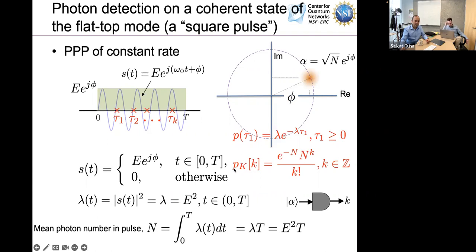The way to read that notation here is that this is the probability that my random variable capital K takes the value little k, which is equal to e to the minus n, n to the k over k factorial, where little k can be 0, 1, 2, 3, 4 up to infinity. If you add up these numbers over little k from 0 up to infinity, you get 1. That's the notation also being used for continuous random variables. Anything else that I should answer now?